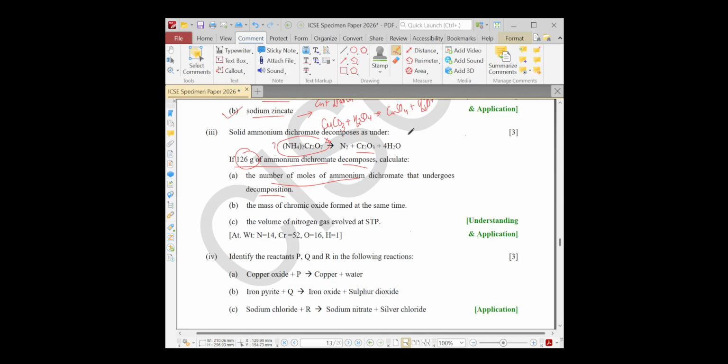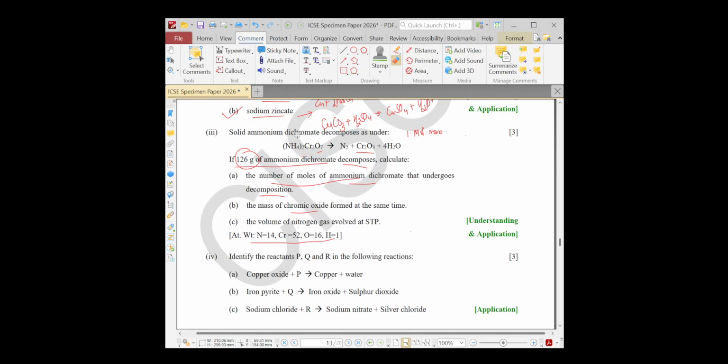So first we have to calculate the molecular mass of the compounds they are using: ammonium dichromate, and then chromium oxide.